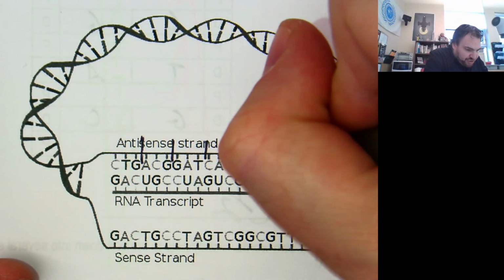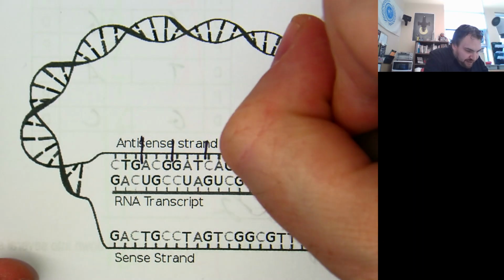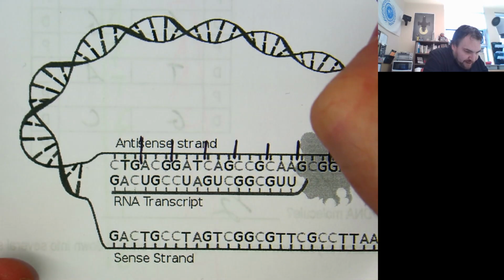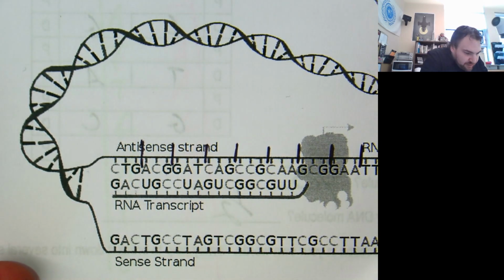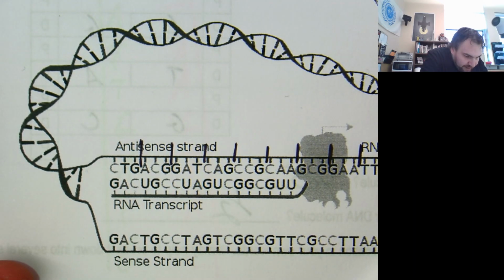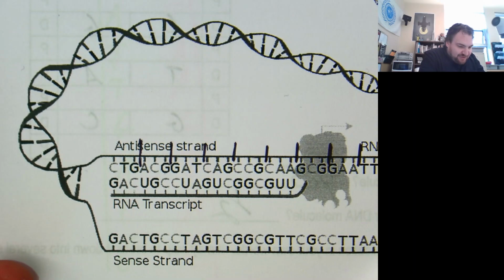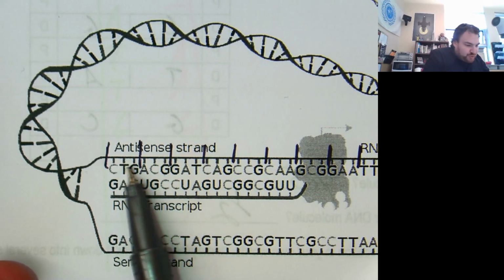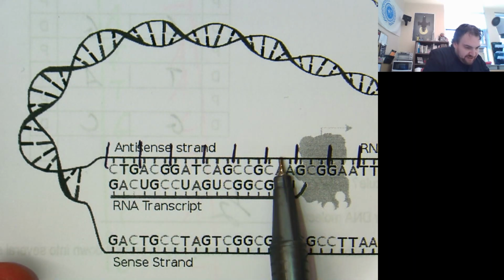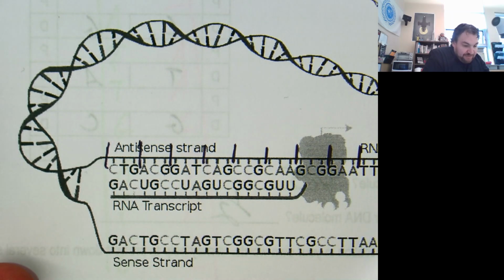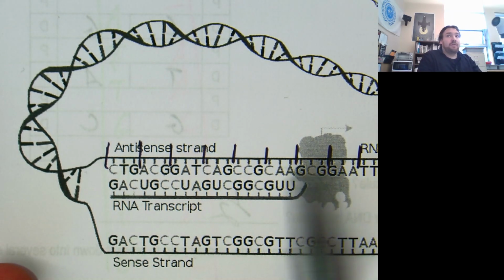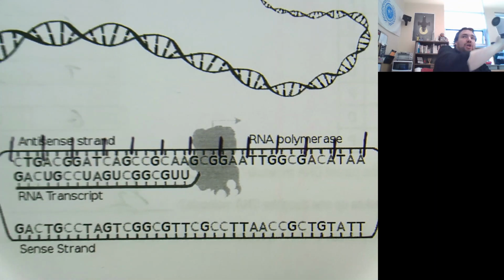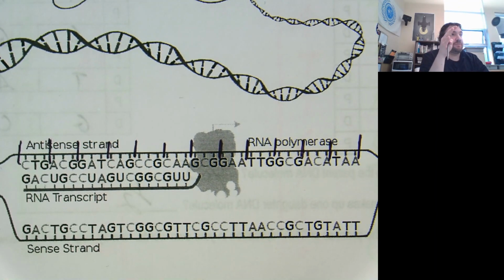They'll take another, CAG, and so on, and then there's the last one. So here there's 1, 2, 3, 4, 5, 6, 7, 8, 9, 10, 11, 12. There are 12 3-letter chunks.